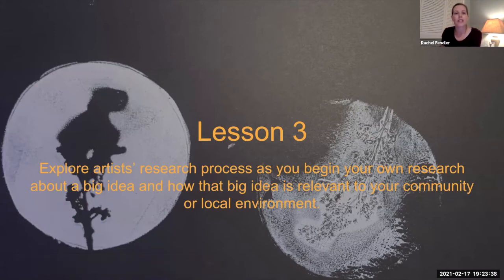So lesson three is about exploring the artist research process as students begin their own research about a big idea, so that they can explore how that big idea is relevant to their community. We made that idea that what our students are exploring is relevant to their own community.